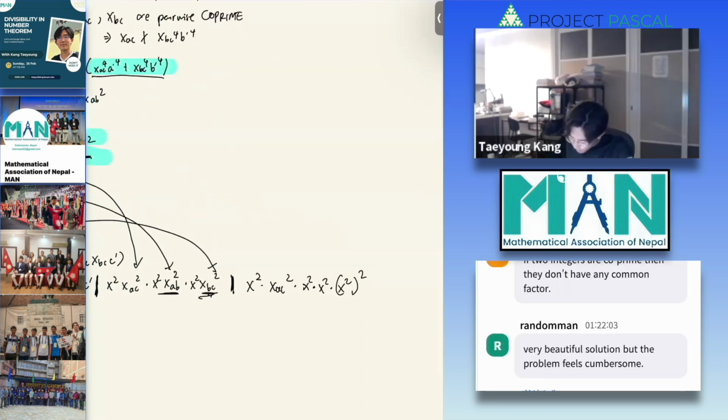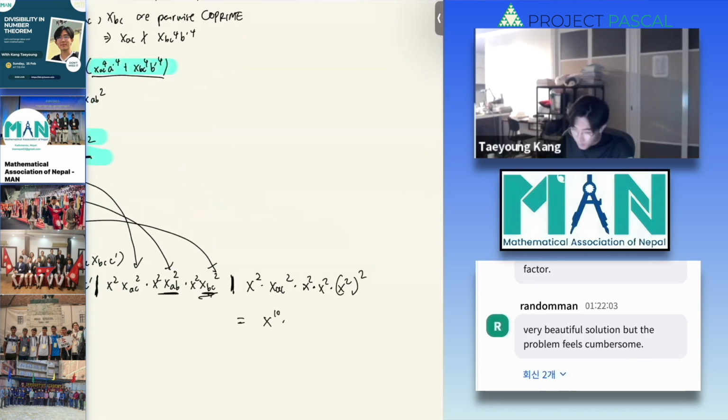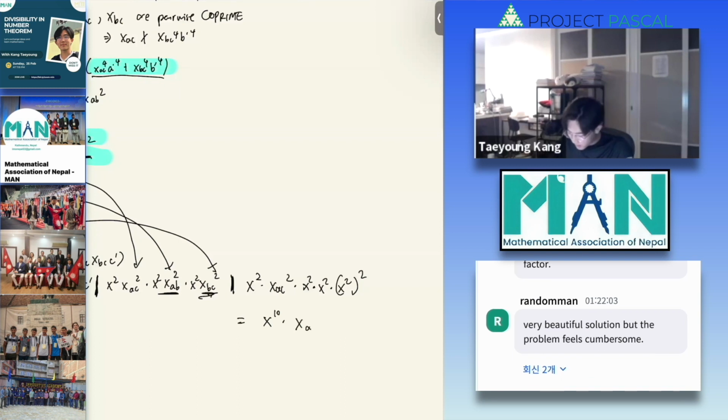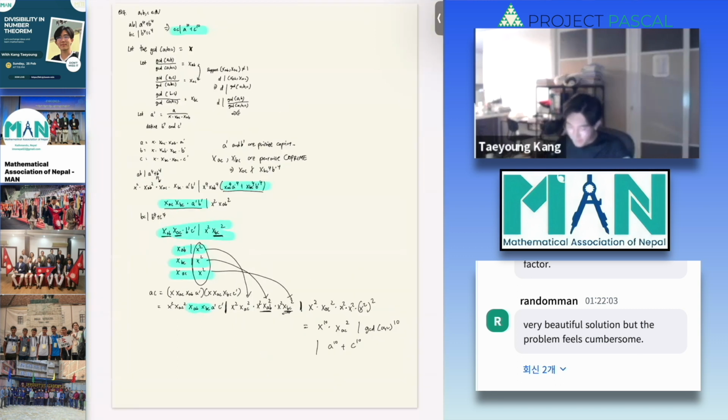And what's this? It's x to the power of 10 times x ac square, right? Which divides GCD of AC to the power of 10. Correct? And what's this? It's just A to the power of 10 plus C to the power of 10. Sorry, it's not equals to, it divides. Yeah. And that's the gist of the solution.